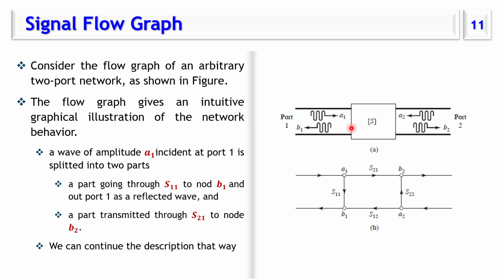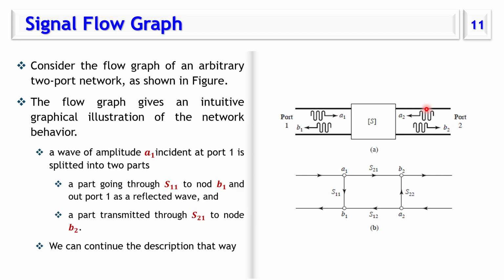So for example, here we have a two-port network. Of course, a signal flow graph can represent any number of nodes for the elements. Here we have two ports. Port 1 will be represented by two nodes, A1 for power in, B1 for power out.